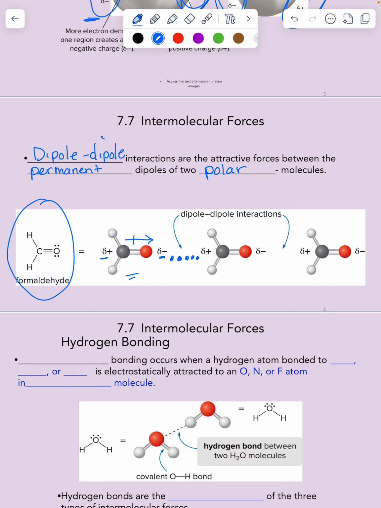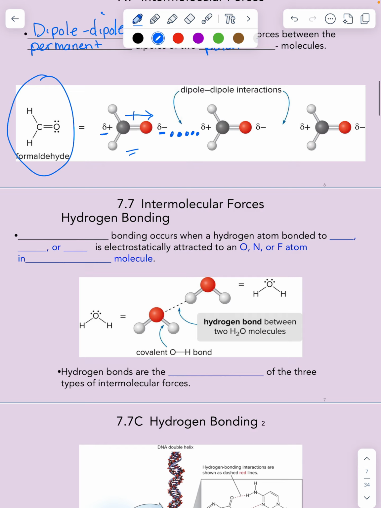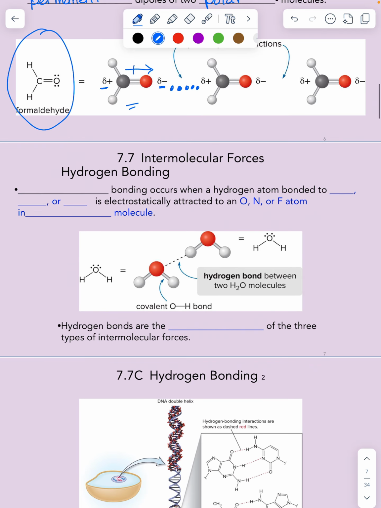And then the third IMF that we will discuss is hydrogen bonding. It says hydrogen bonding occurs when a hydrogen atom is bonded to either oxygen, nitrogen, or fluorine, and is electrostatically attracted to oxygen, nitrogen, or fluorine in another atom or another molecule.